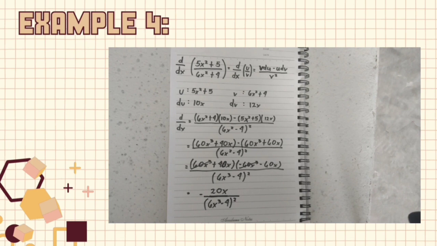Let's cancel out the 60x cubed. After we cancel out the 60x cubed, let's subtract the 40x and the 60x. And the result is negative 20x over 6x squared plus 4 raised to 2.